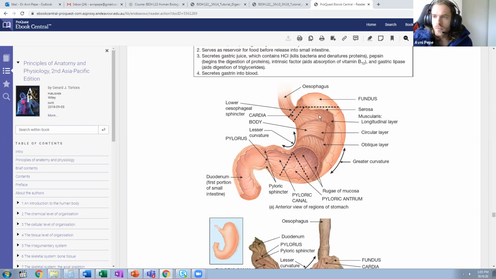So food might sit in the stomach for between 2 and 4 hours, depending on what you eat. Carbohydrates will tend to be released and move through the duodenum quicker than proteins, and these will both be quicker than fats.